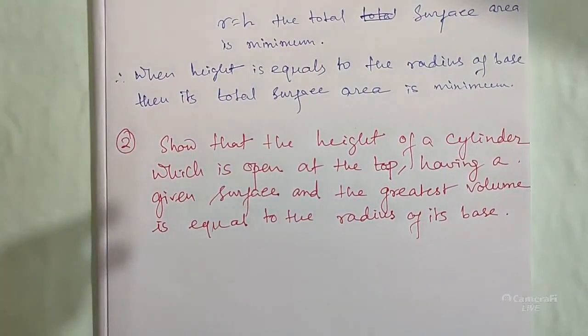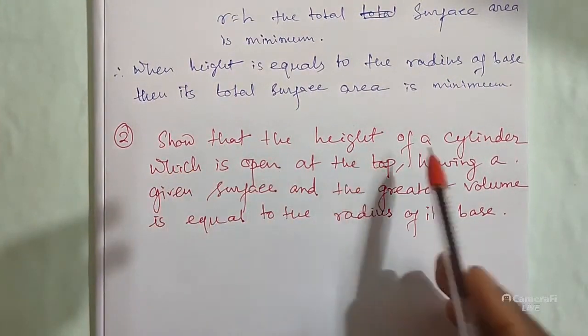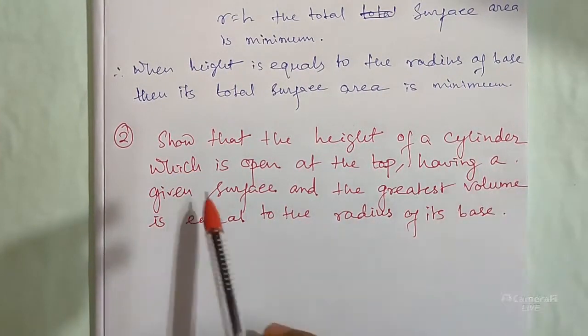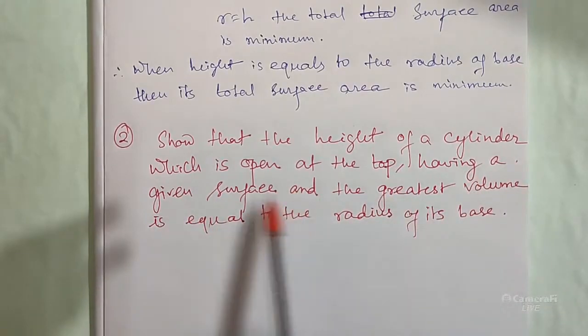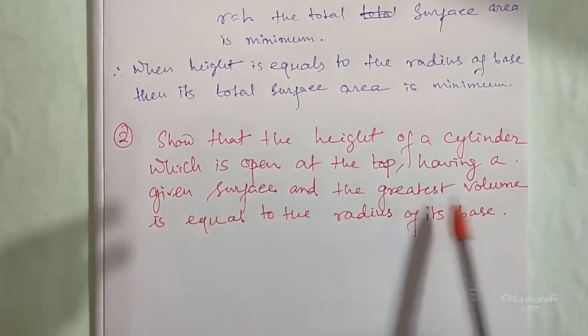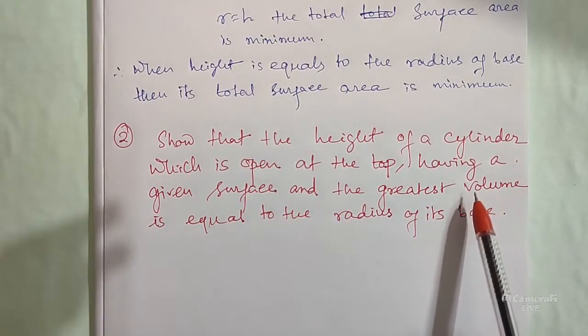Now what is the difference from the previous question? Here you have to show that the height of the cylinder which is open at the top, having a given surface and greatest volume. So volume you have to show is maximum.